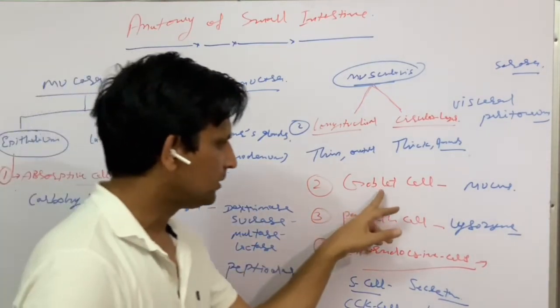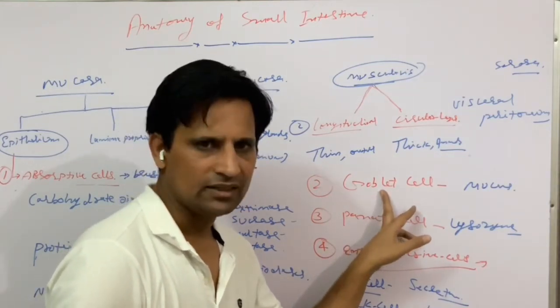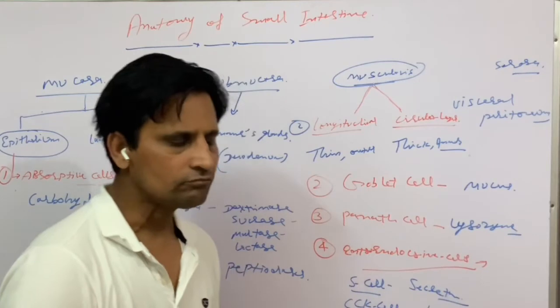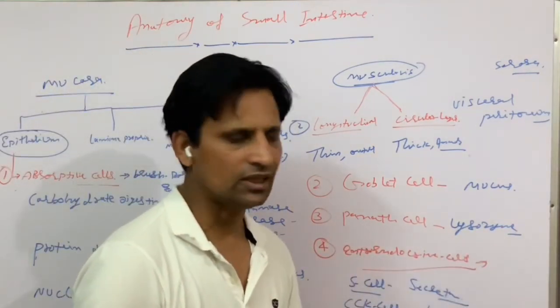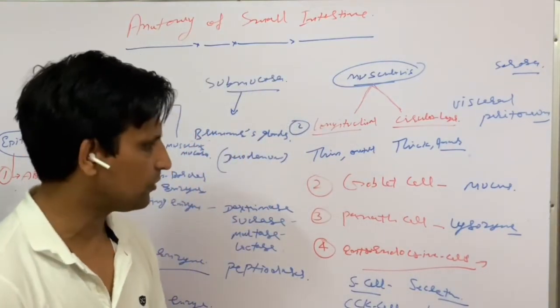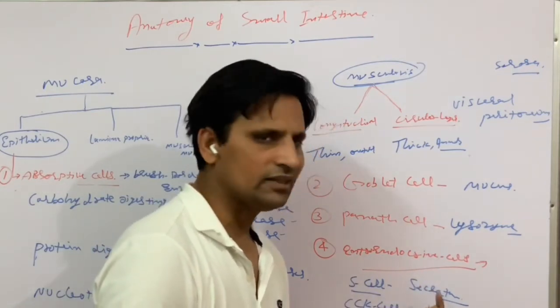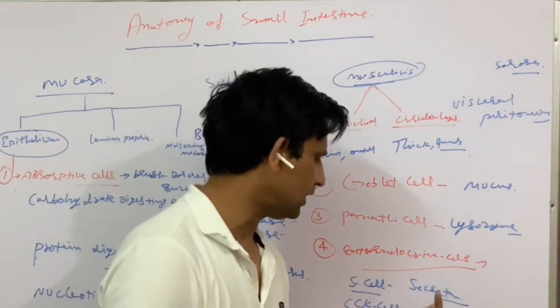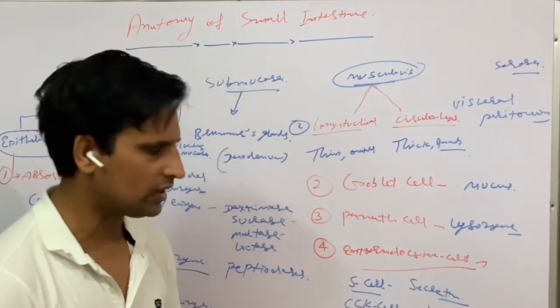One more cell found there: the goblet cells, and goblet cell secretes mucus. Third one is the Paneth cell, which secretes the lysozyme, which is capable of phagocytosis and protects the lumen from microbes. And the fourth group is the enteroendocrine cells, and three basic types of enteroendocrine cells we can find on the wall of the small intestine.